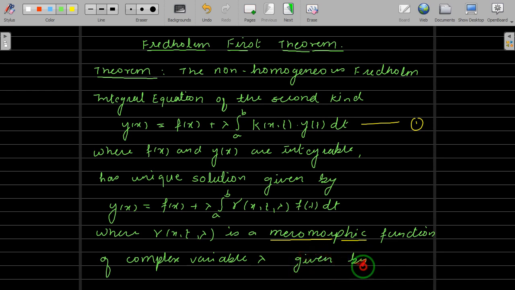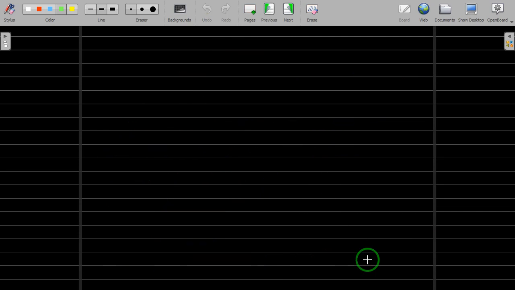So gamma of x, t, lambda is a meromorphic function of complex variable lambda, given by, let me write what that is, same as we have seen earlier. Gamma of x, t, lambda is equal to D of x, t, lambda upon D of lambda, and of course your denominator should not be 0.